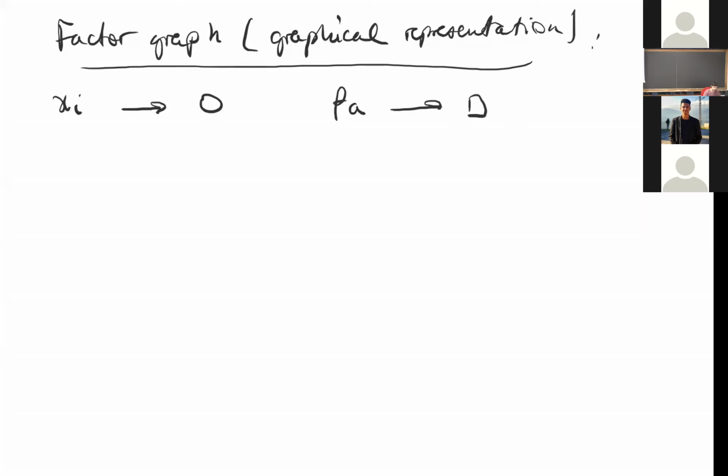So let's consider an example. This will be the variable x3, which will be connected to some factor that depends also on x6, which will be connected to another factor here, and to x4, which itself will be connected to a single factor, like this.